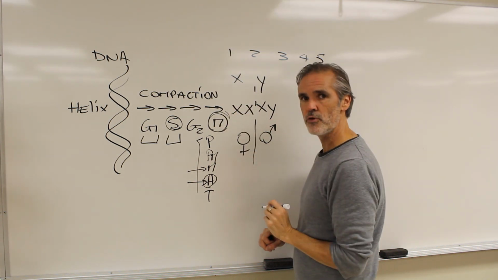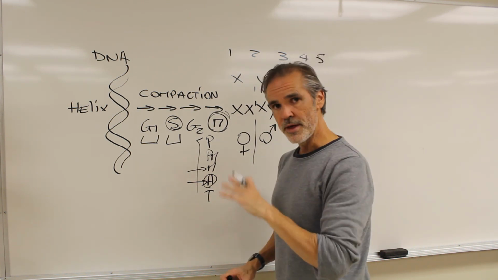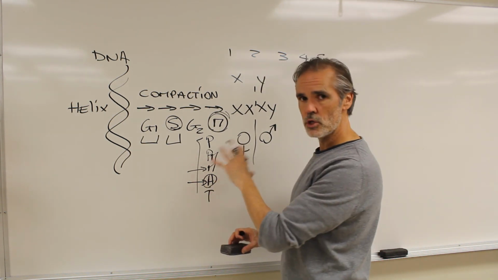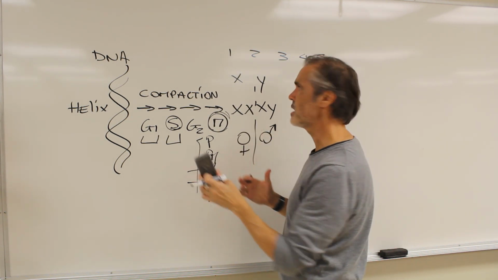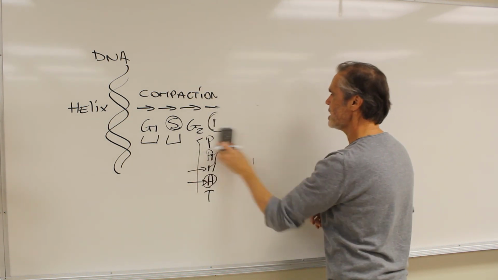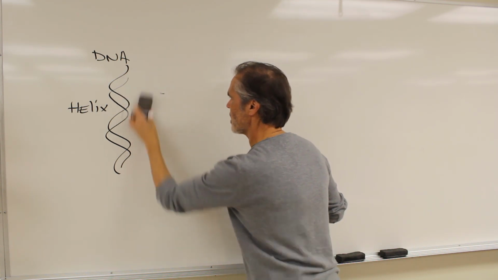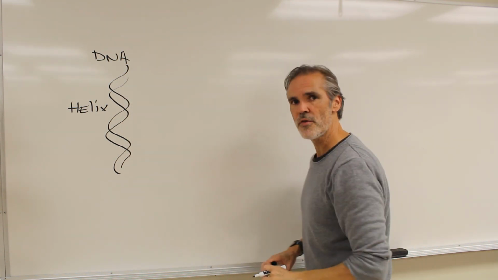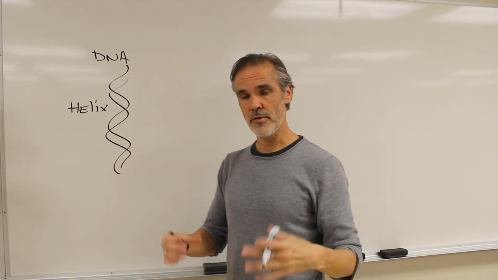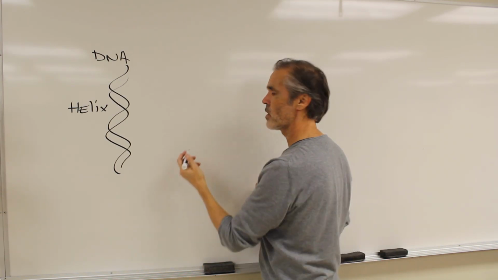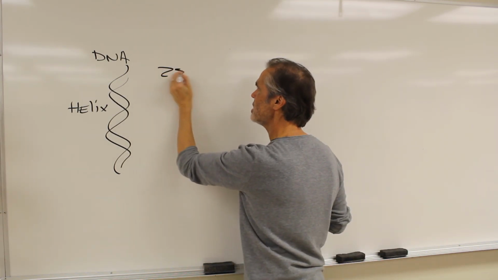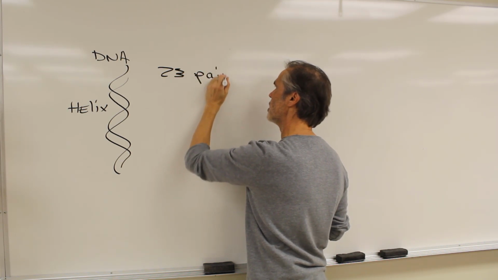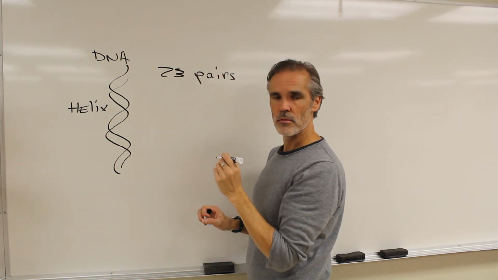Now, this is where I want to go to, is not so much to define what male, female is. What I want to say here is that I want to bring a concept, the concept of alleles, because that's important in genetics. So now we know that we have 23 pairs of chromosomes, right?